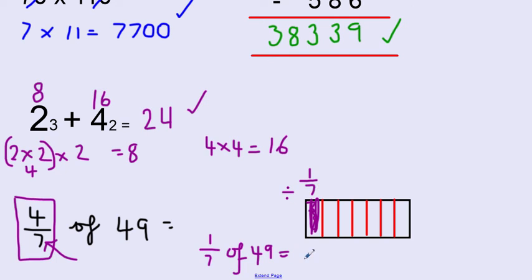Now I can use my 7 times table to help. We can go 7, 14, 21. What comes next? 28, 35, 42.